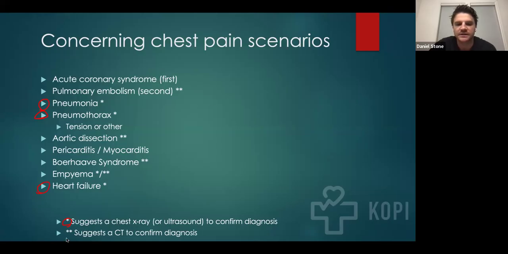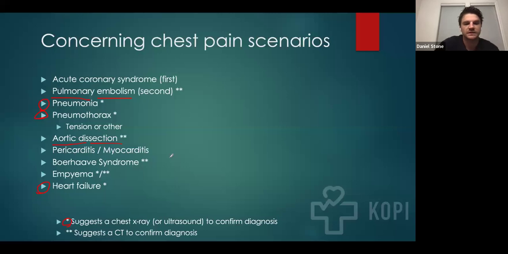We also want to remember that CTs are very important and that pulmonary embolism, which is maybe the second most common cause of lethal or morbid chest pain, and aortic dissection both require cross-sectional imaging in order to confirm the diagnosis.